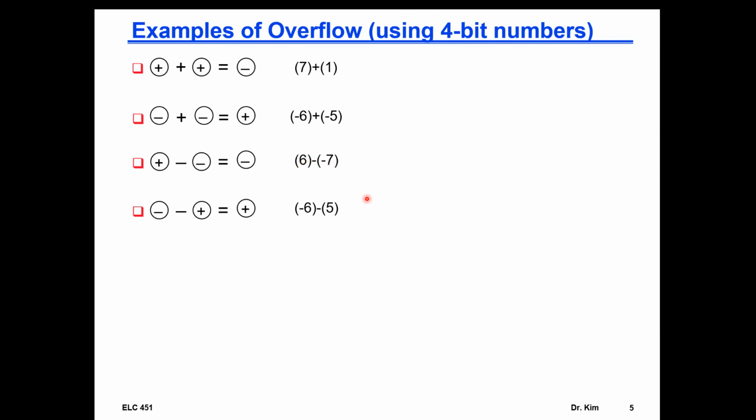Again, that's 14, which doesn't fit in 4 bits because the highest positive number that we can have is 7. And the same goes here for -11, which gives an overflow because, again, the highest negative value that you can have is -8.